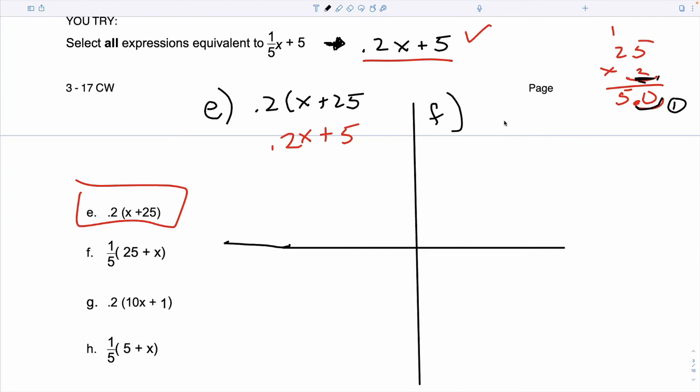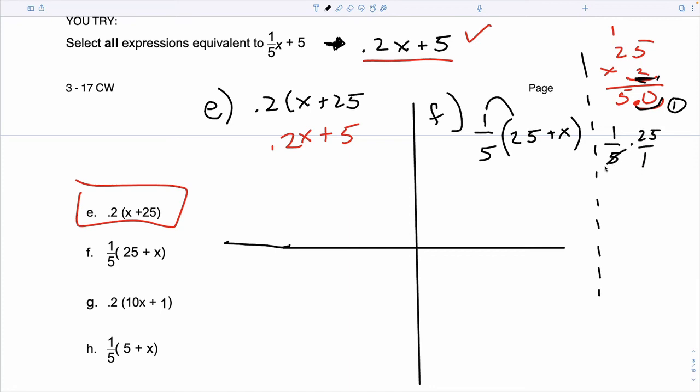Let's check if F would work. Katie, give me the simplified version of 1/5 times 25 plus x. Let's do it together. What would I start by doing, Katie? And cross cancel, what's left over?